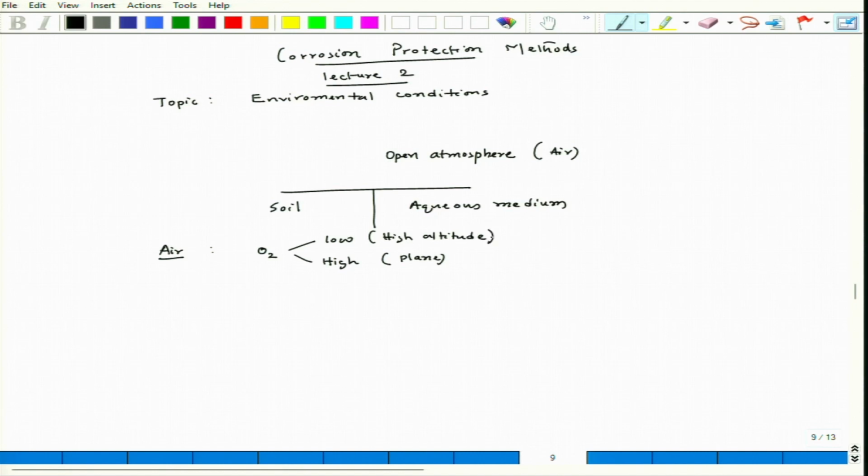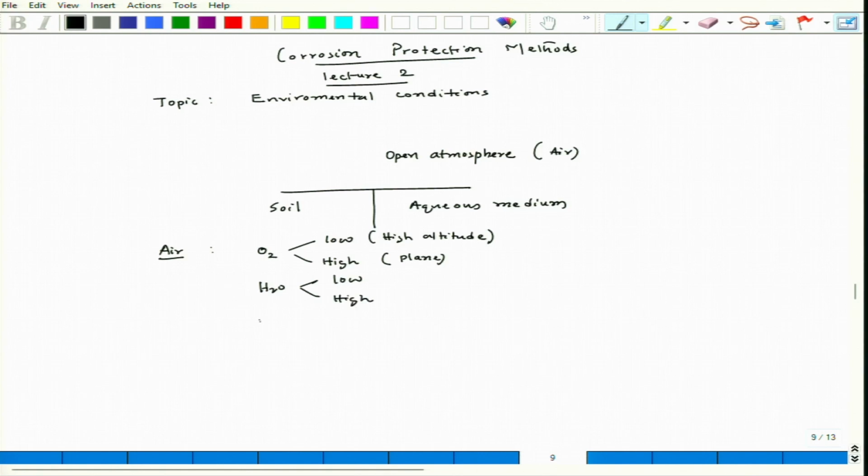So, oxygen can be low or high. Then we have the presence of moisture, which leads to a change in humidity. One air could be highly humid, one could have low humidity, like Ladakh, a high altitude area where humidity is very low, whereas in Kanpur, Kolkata or Chennai there will be a lot of humidity. So, it can be low, it can be high.